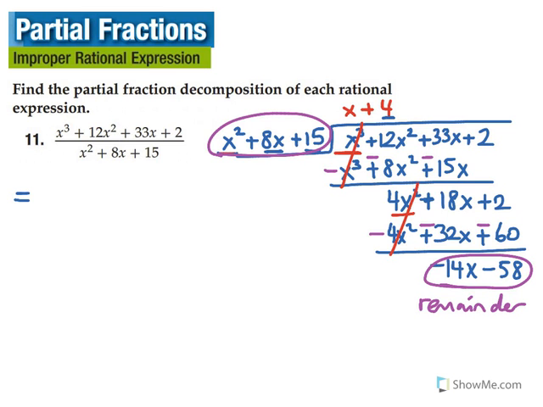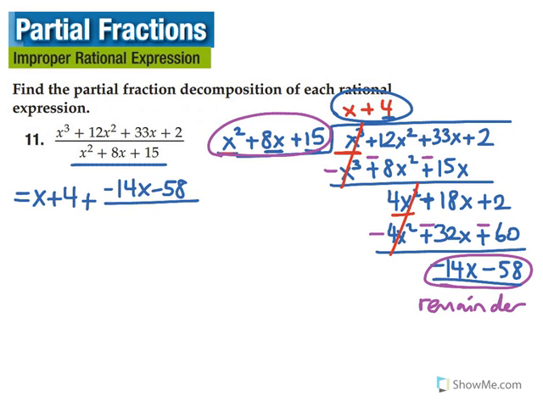Your answer will be here, x plus 4 plus, now you have your remainder, so the remainder should be written with the denominator. So it will be minus 14x minus 58 over x squared plus 8x plus 15.